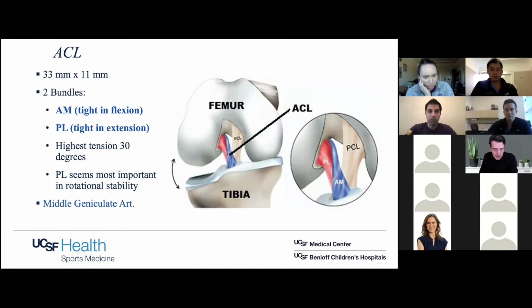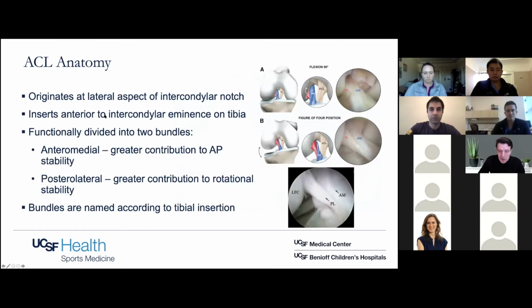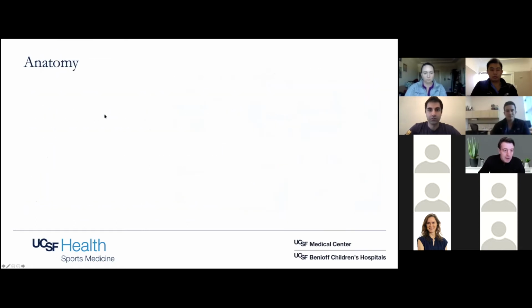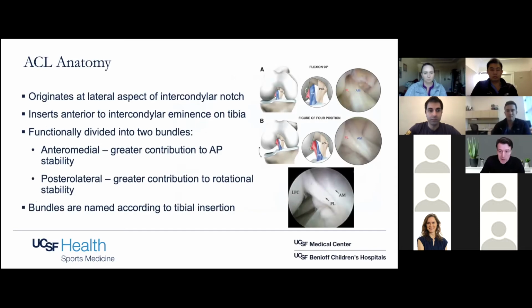I see this question frequently in the exams. The two bundles have different flexion and tightness characteristics. Remember, anteromedial bundle tightens in flexion, posterolateral tightens in extension. Sorry, I'm having problems with the slides today.